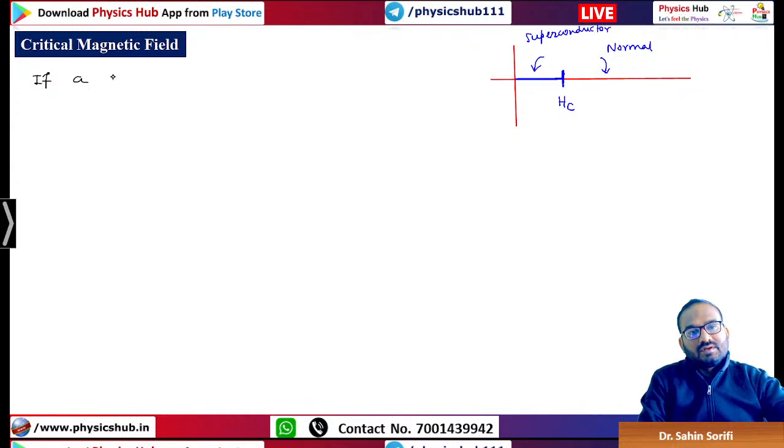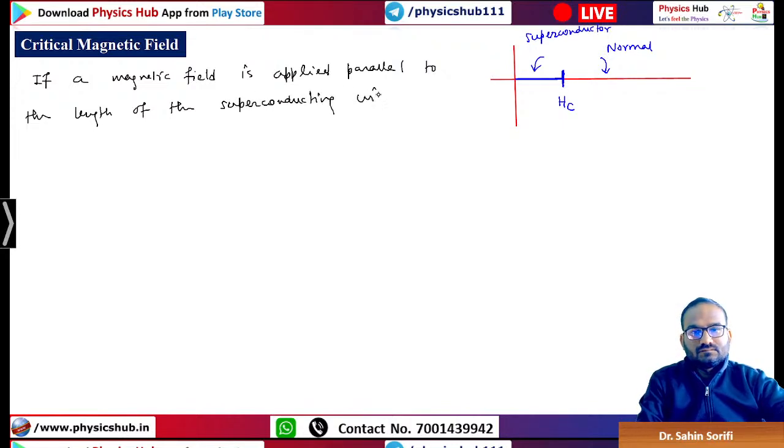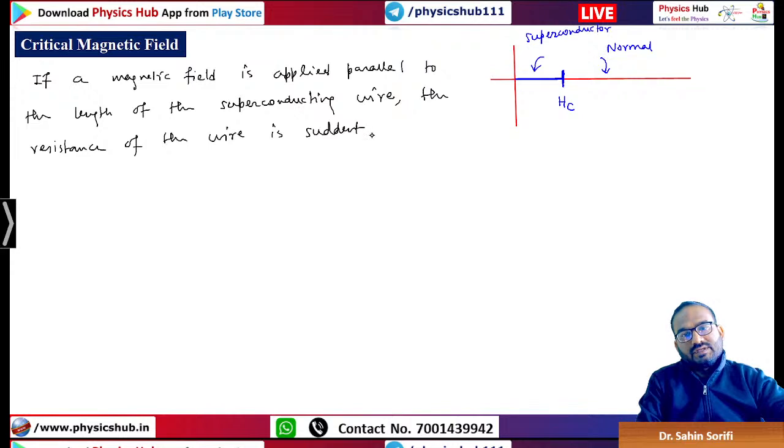If the magnetic field is applied parallel to the length of the superconducting wire, the resistance of the wire is suddenly, look, below this Hc there is no resistivity because it is a superconductor, and as it crosses Hc it becomes a normal conductor, means it gains resistivity.